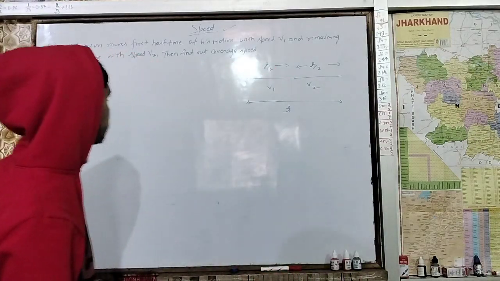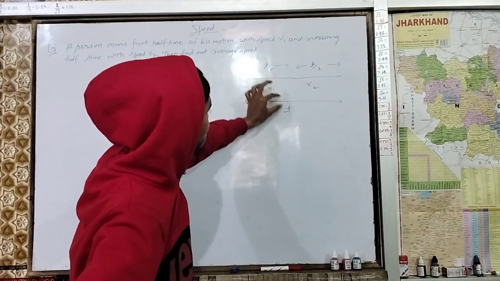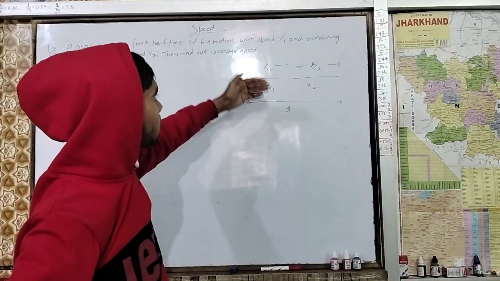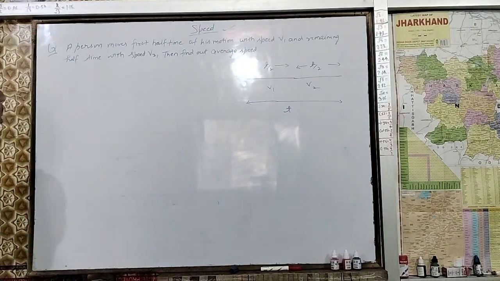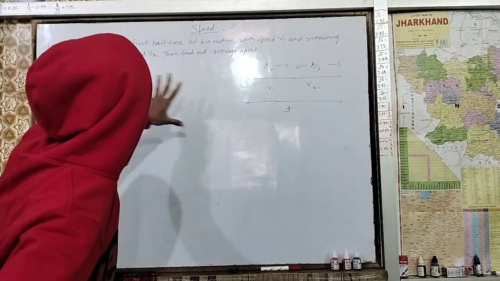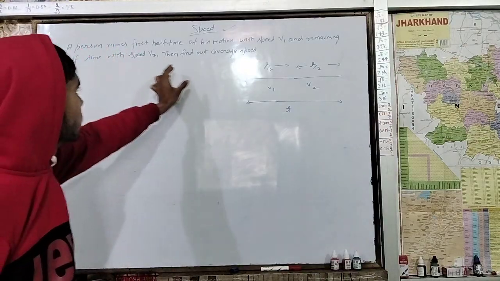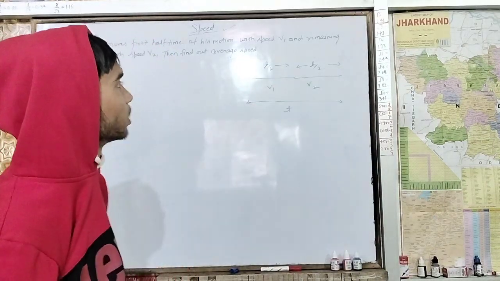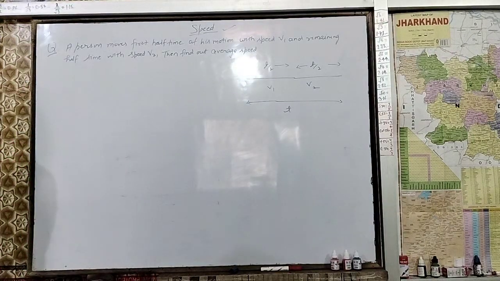Yeah, you can say. This is a part of t, this is also a part of t. T upon 2 plus t upon 2 will become our t. And the remaining half, with a speed v2. Here v1 is something else and here v2 is something else, but the time is the same.